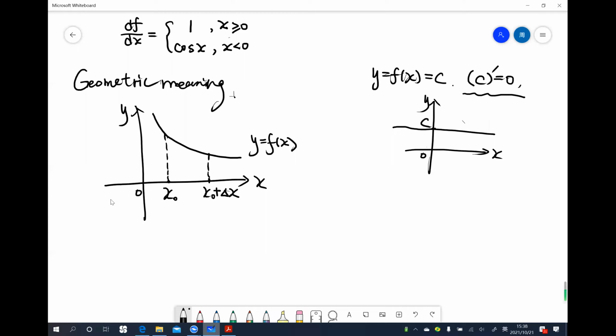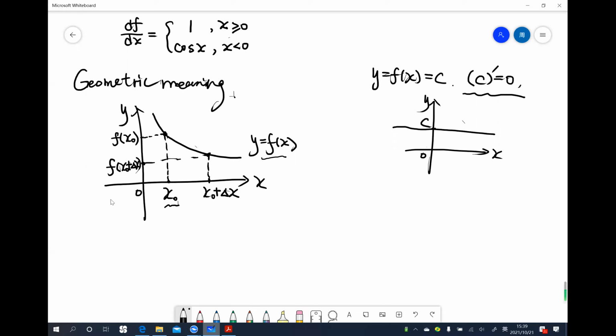So here you can see these 2 points. And if x equals x0, from the function we know that here that is f of x0, right? And here we know that is f of x0 plus delta x.